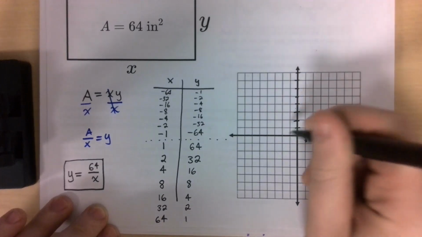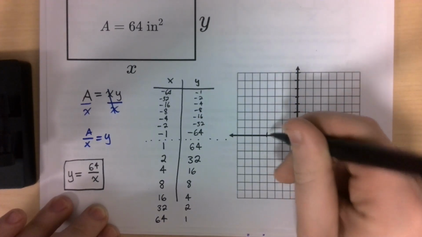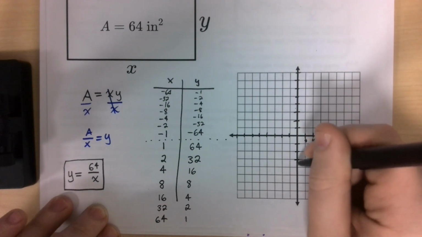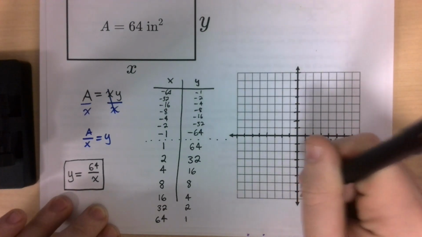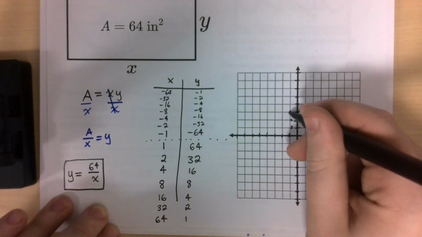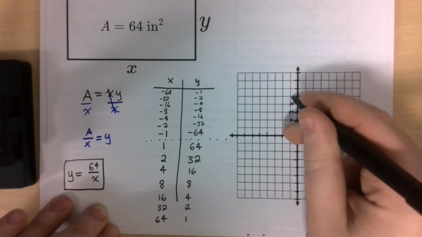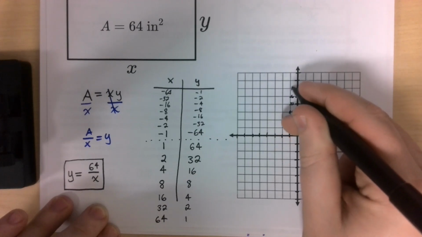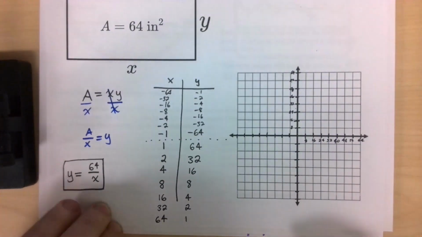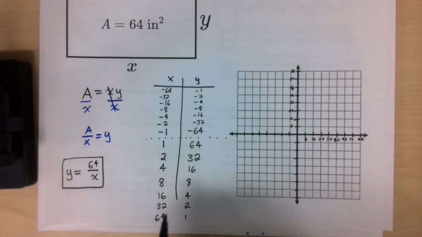I'm not going to label all of the axes, you technically should, but we know that this is going to be scaling by 8s. I'll at least jot down the y-axis here. 8, 16, 24, 32, 40, 48, 56, and 64. I'm trying to write small because we're going to have a lot of dots on here.